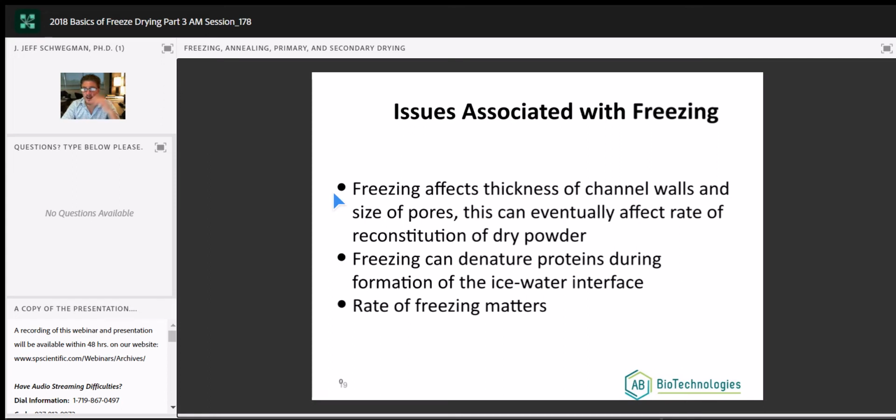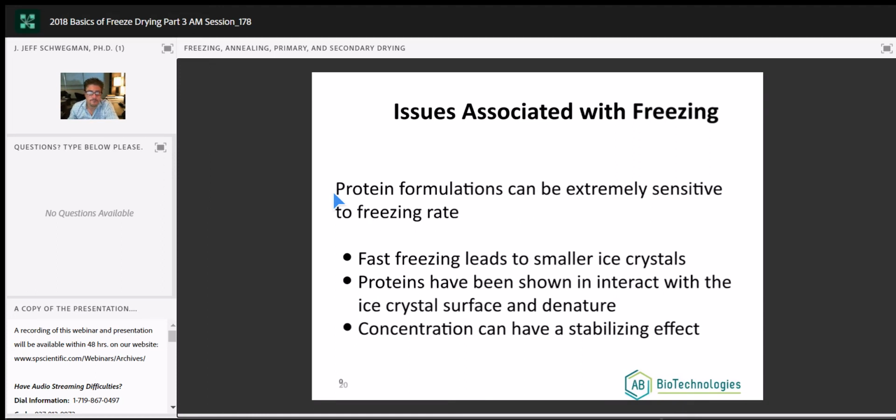So freezing affects the thickness of the ice channel walls, the size of the pores, and can affect the rate of reconstitution of the dry powder. Again, how we freeze can denature certain sensitive proteins. So rate of freezing does matter, or can matter. Some protein formulations, like I mentioned before, fast freezing or supercooling leads to very quick nucleation.